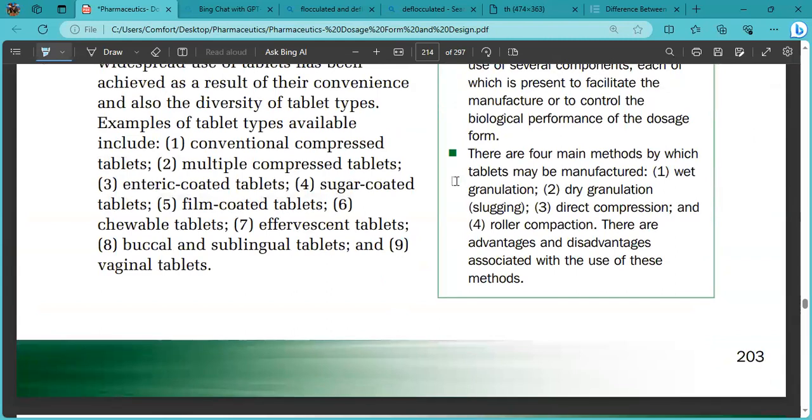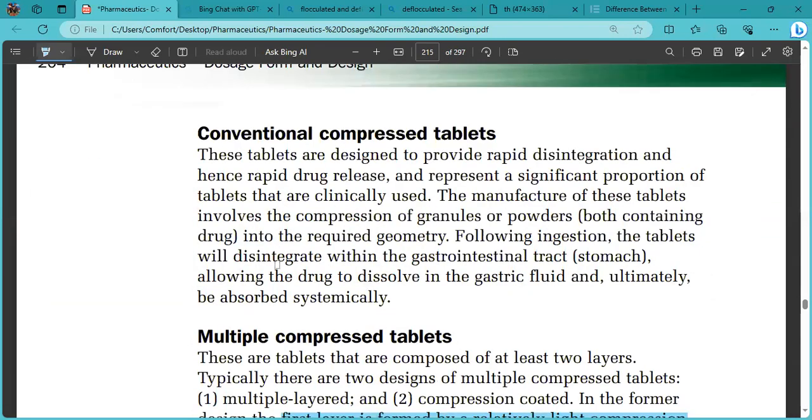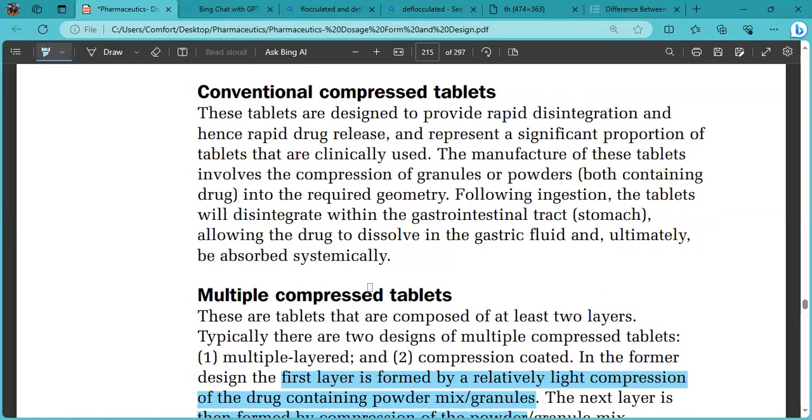So there are different kinds or examples of tablets. This is the conventional compressed tablets. There's multiple, I'll just take you through them one by one as I mention what they are about. So the conventional compressed tablets are tablets that we normally see, and I think we've taken you through the tableting system.